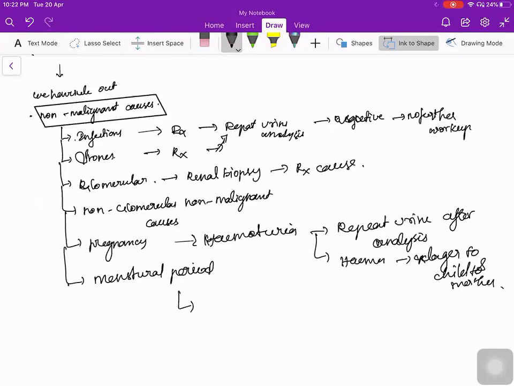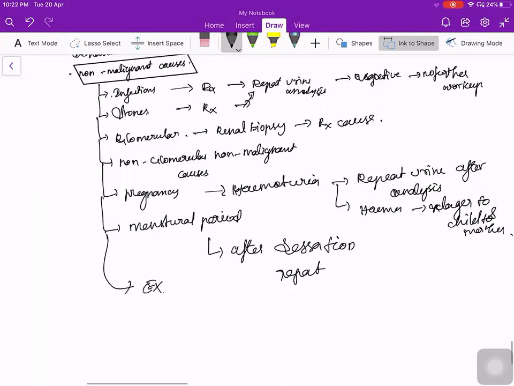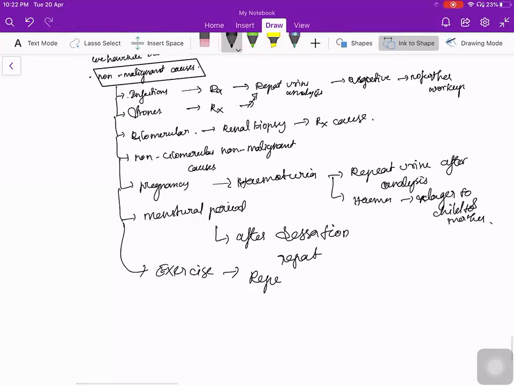Or if the patient is having hematuria during menstrual bleeding, after the cessation of the menstrual cycle we have to do repeat urine. And it can be due to exercise induced, so we have to do repeat urine analysis after taking rest. These are all the non-malignant causes.